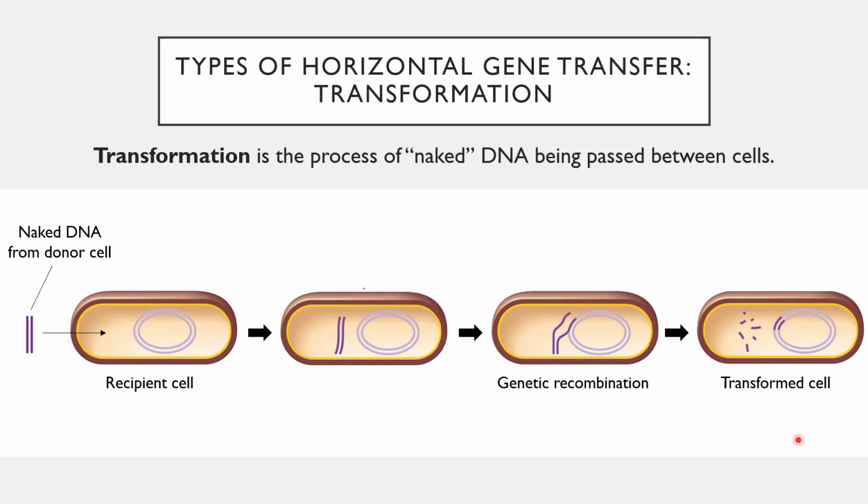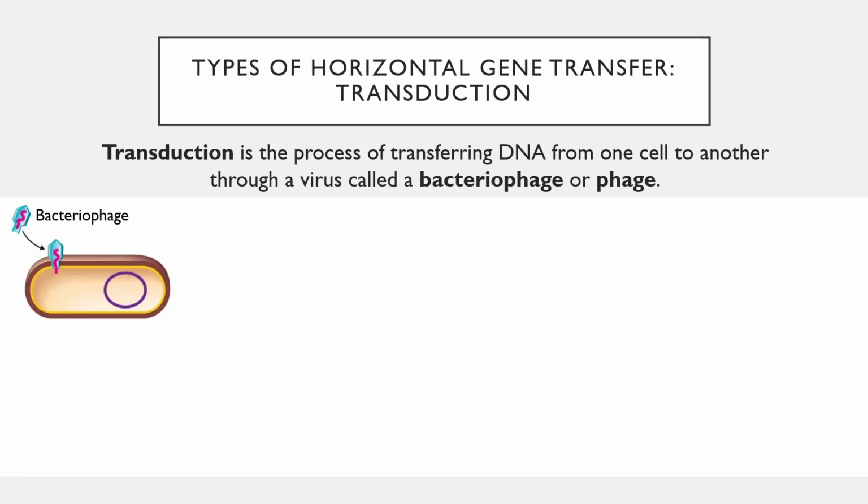And lastly, the third process called transduction is one that we mentioned previously. Transduction is the process of transferring DNA from one cell to another through a bacteriophage, or in other words, just a phage, as they are called.